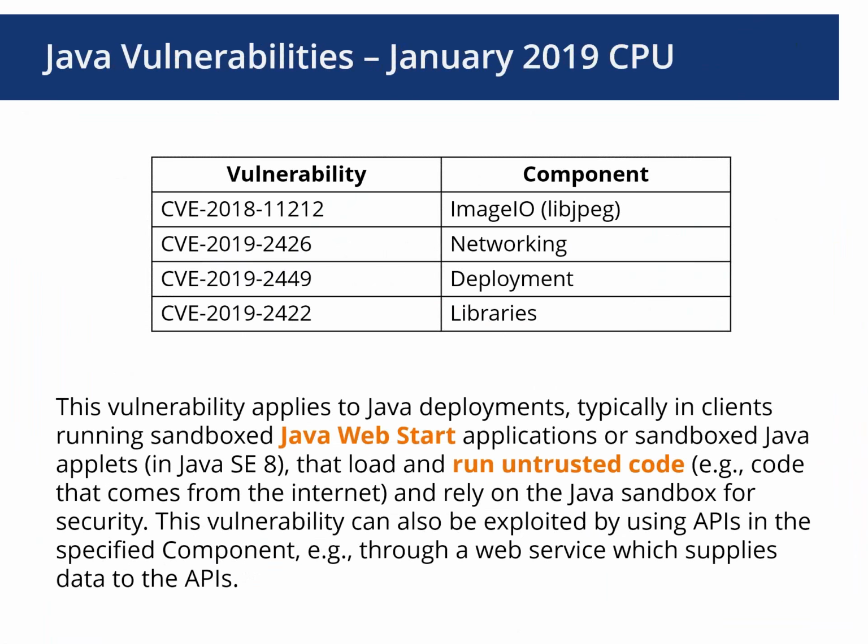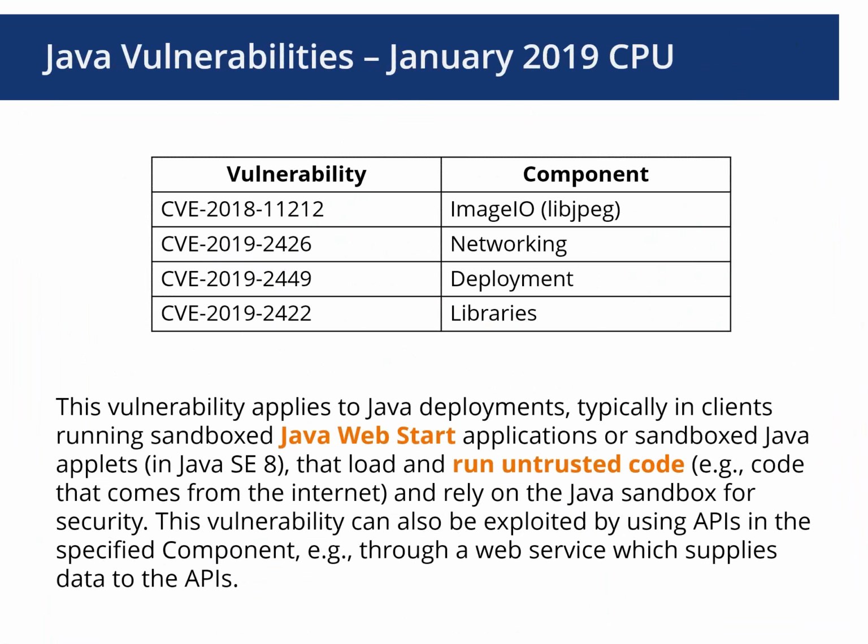If I take those attack vectors we just talked about and look at the January 2019 CPU, there were four vulnerabilities that would be vulnerable within an Oracle Business Suite environment, either on the application server or on the client, or both. Two out of these four were on the application server, and all four on the client.